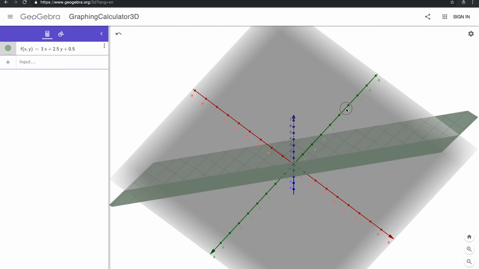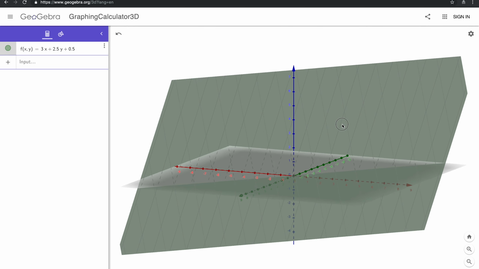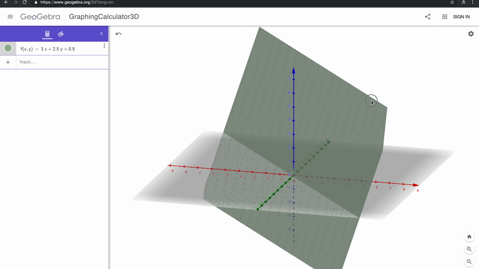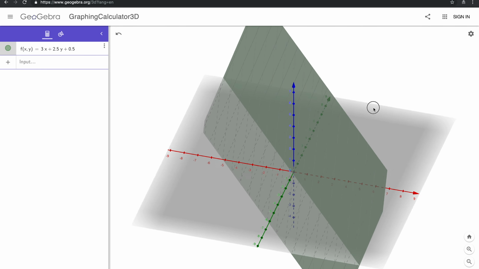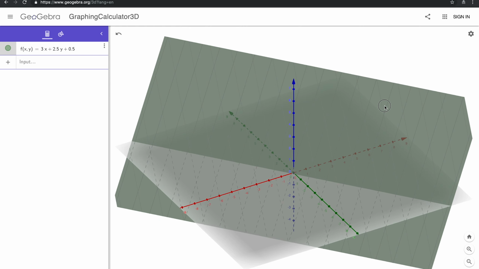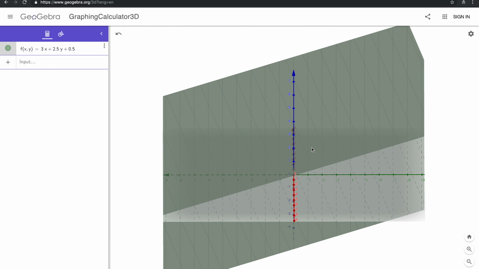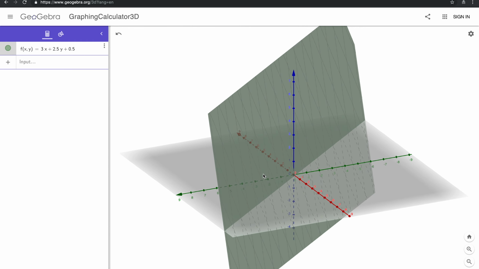However, when we add a 3rd dimension, it becomes a plane. If we added a 4th dimension, it would become a 4-dimensional plane, or a 5-dimensional plane with 5 dimensions, and so on and so forth. This is just for visualization purposes so that you know what's really going on.